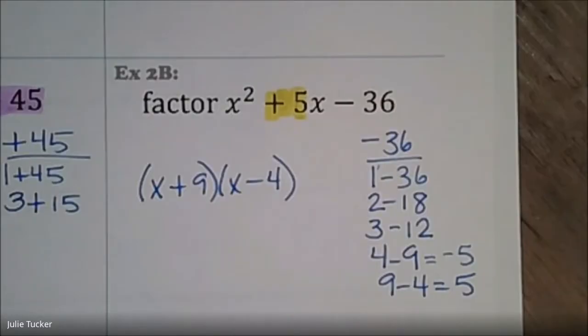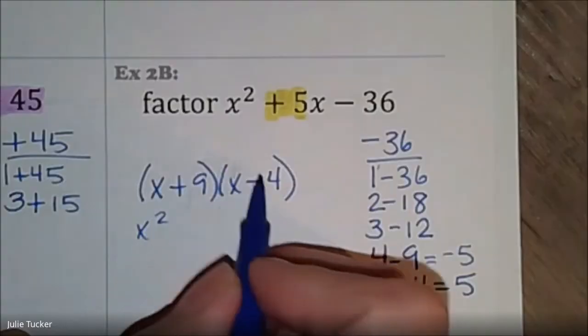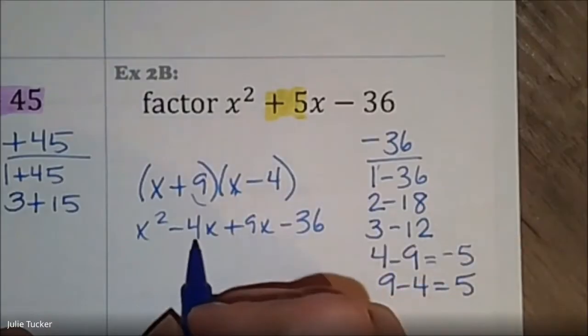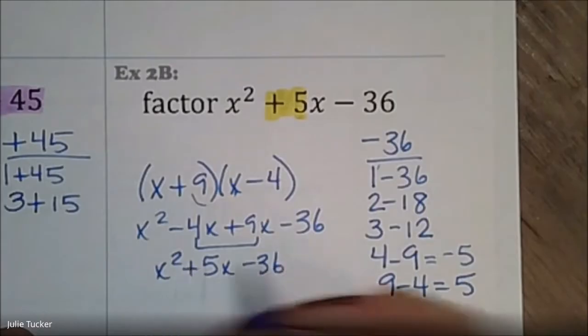And I can remultiply it to check if I want. I can do x times x is x squared. X times -4 is -4x. 9x, -36. And it's right.